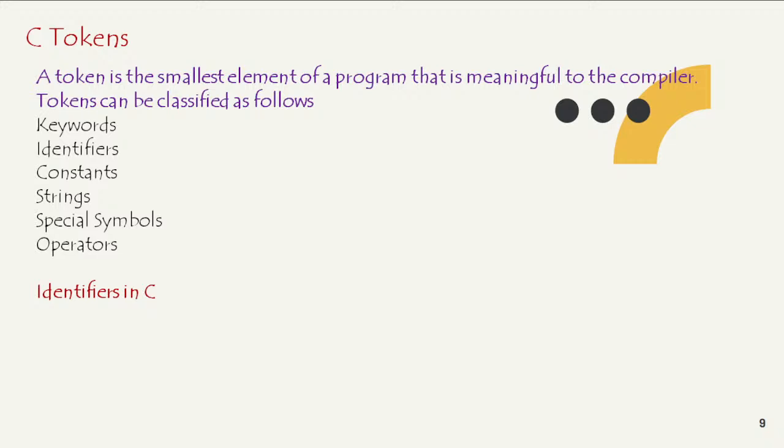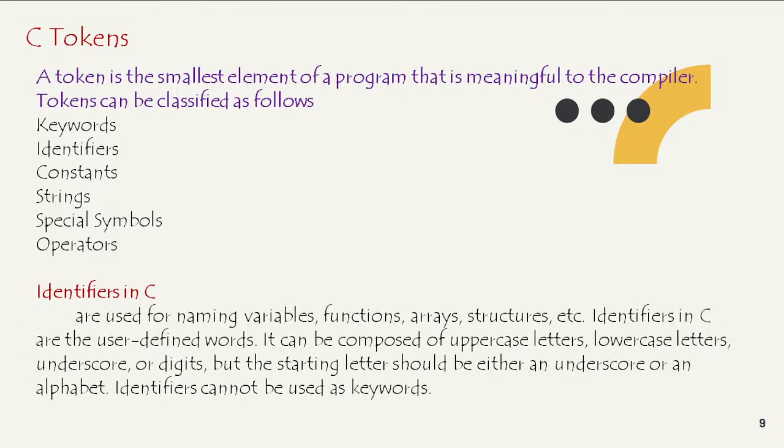So we'll start with identifiers in C programming language. Identifiers are used for naming variables, functions, arrays, structures, etc. Identifiers in C programming language are user-defined words.